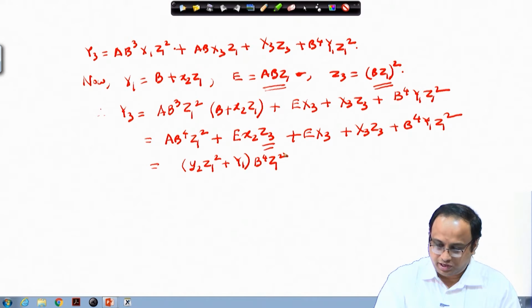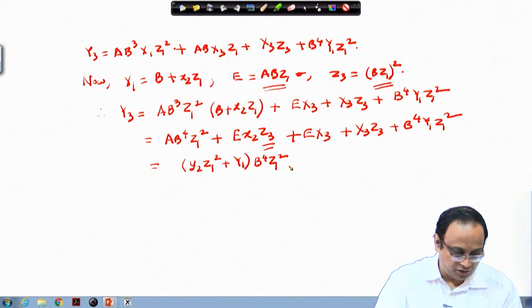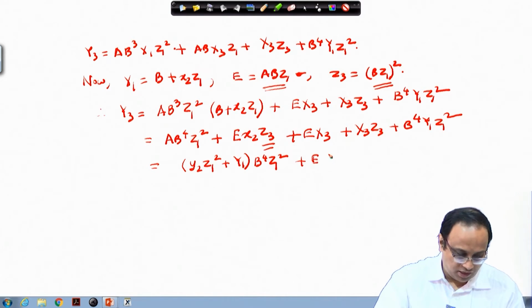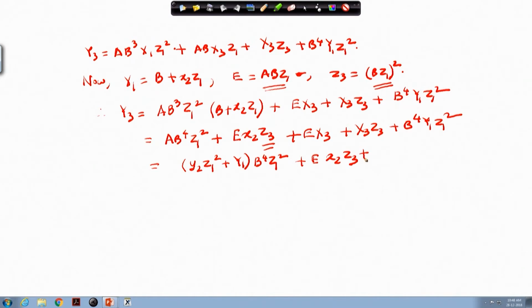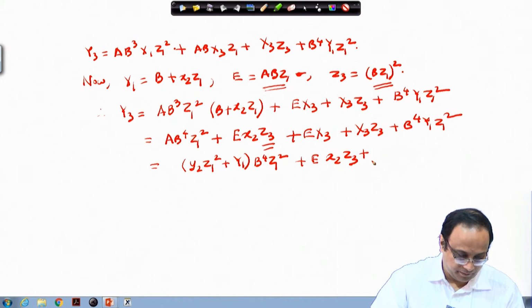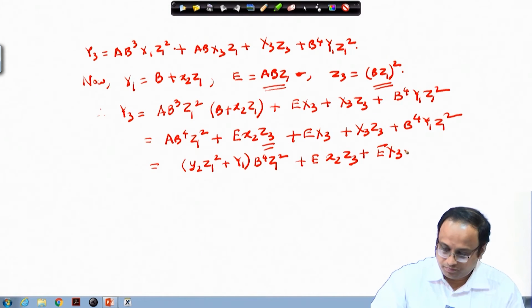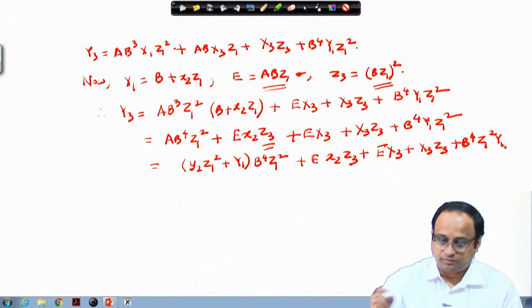So that essentially comes from the equation that we have for A, okay, and this plus E x2 z3, plus E x3, plus x3 z3 plus b to the power of 4 z1 square y1, okay.